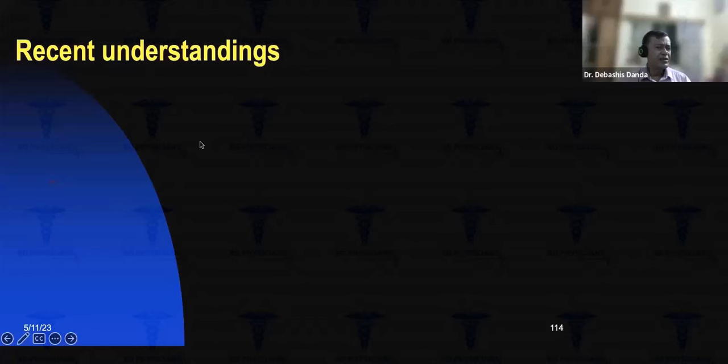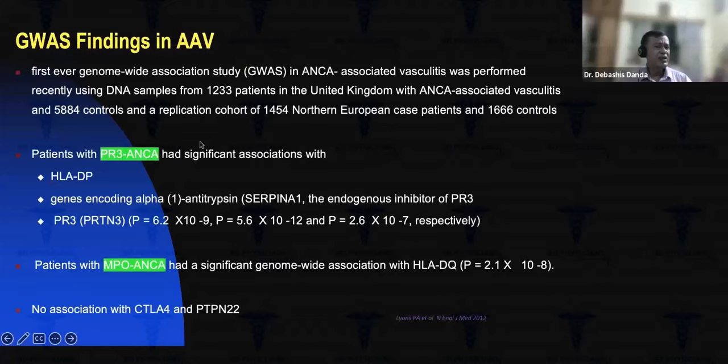The recent understandings, basically GWAS studies, have shown that in ANCA vasculitis, patients with PR3 ANCA vasculitis have HLA-DP association, genes encoding alpha-1 antitrypsin, and PR3 is found to be significantly associated with higher odds for disease. In patients with MPO ANCA, a GWAS study showed HLA-DQ was found to be more significant.